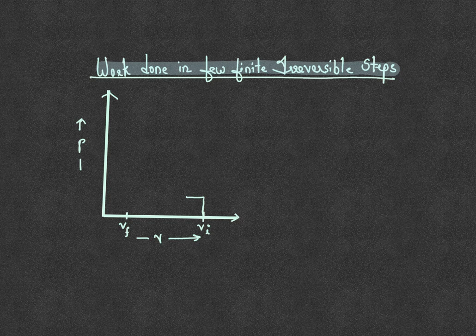Now we again increase the pressure, and once again the volume decreases. We again increase the pressure, volume once again decreases. We again increase the pressure, and finally we reach the external pressure, volume decreases further, and we have reached our final volume.